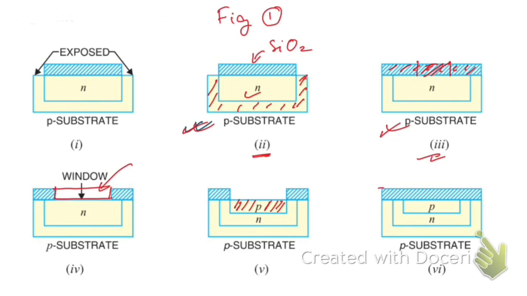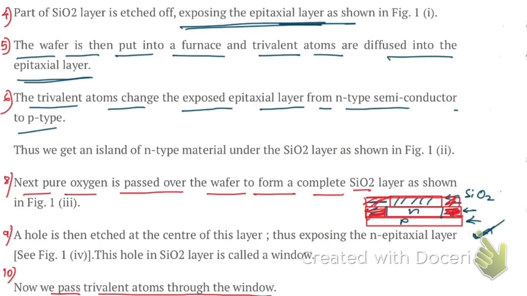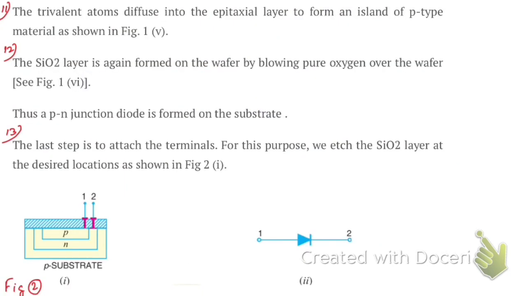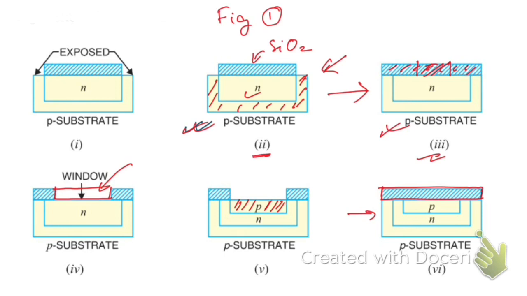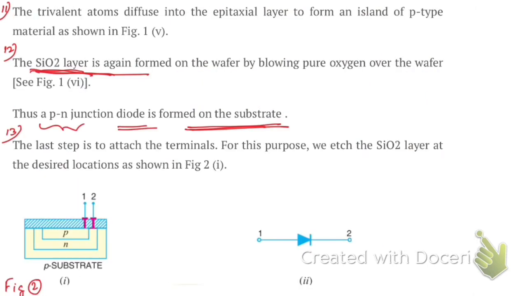Then again the silicon dioxide layer is completed using the same method as we did here, right? So after completing the silicon dioxide layer, we have finally got a p-n junction diode formed on the substrate. So this is nothing but a p-n junction diode, and the last step is here. Let me show you the last one.